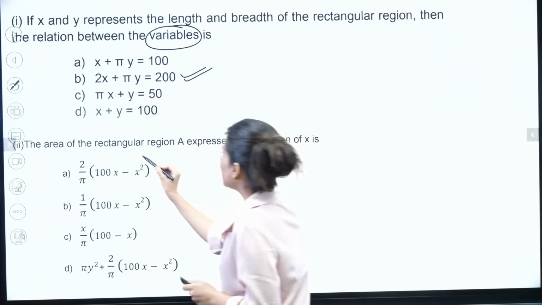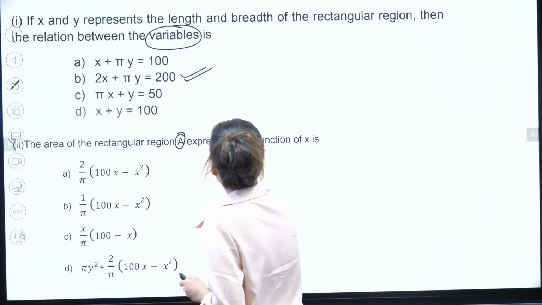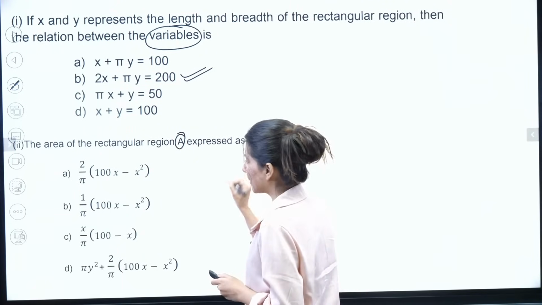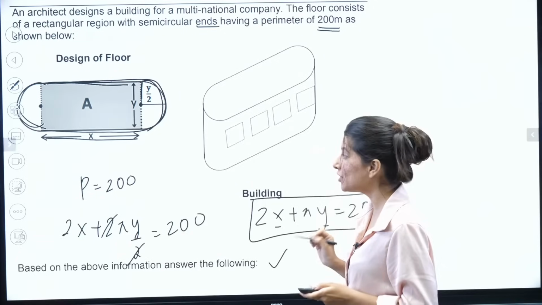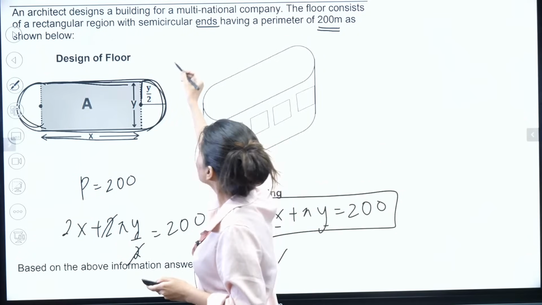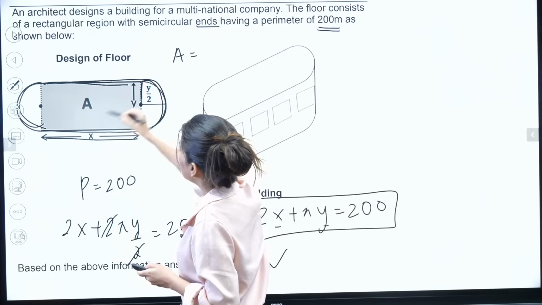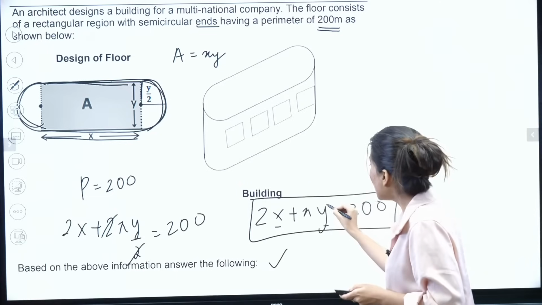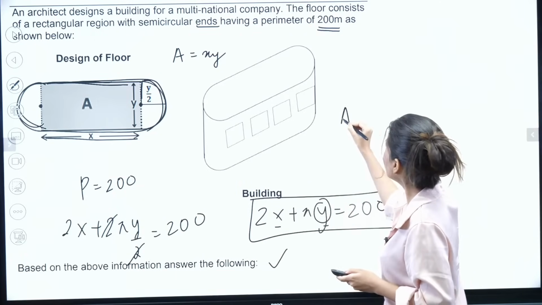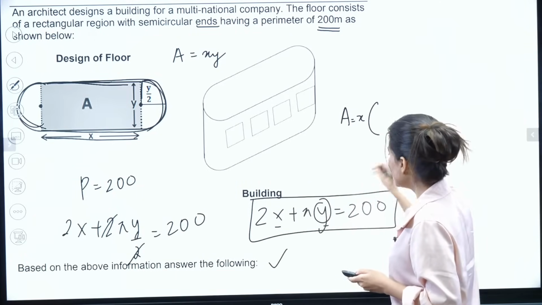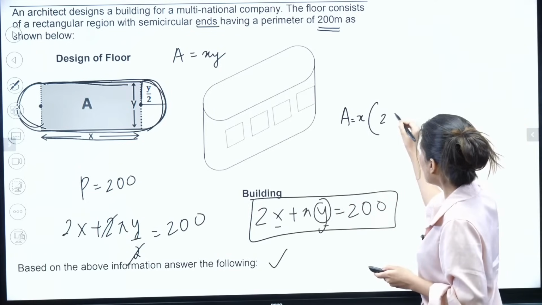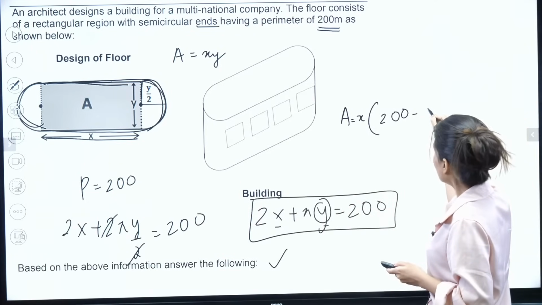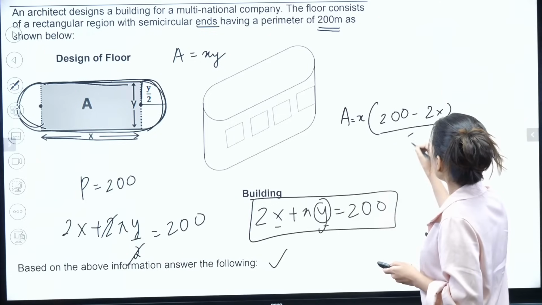Okay, now the area of the rectangular region A expressed as a function of x. So area is what we are looking for, but which area? Only the rectangular area. So area will be length into breadth, x into y. And now this y can be replaced. So area will be x times y, and y will be (200 minus 2x) upon pi.